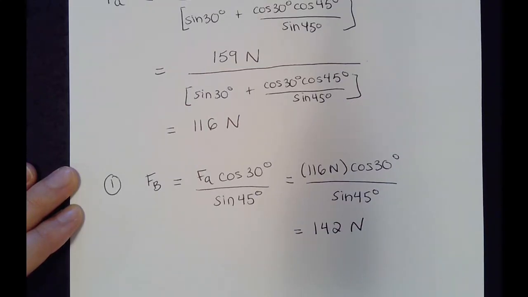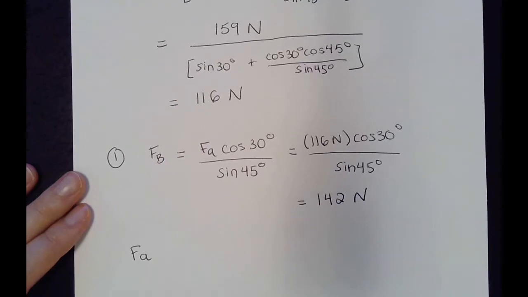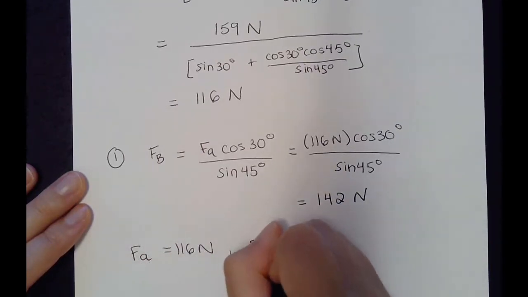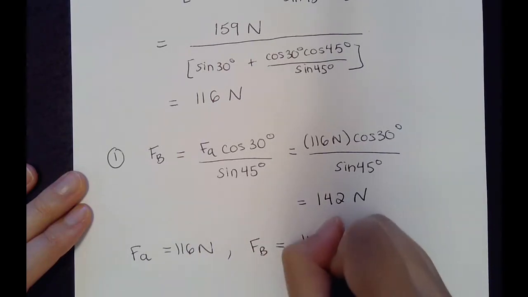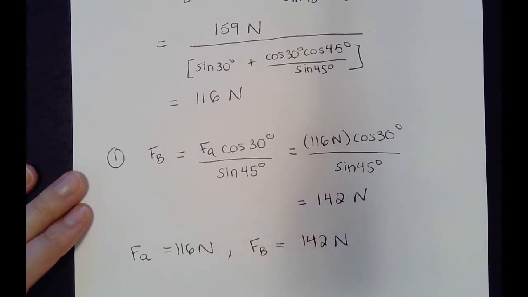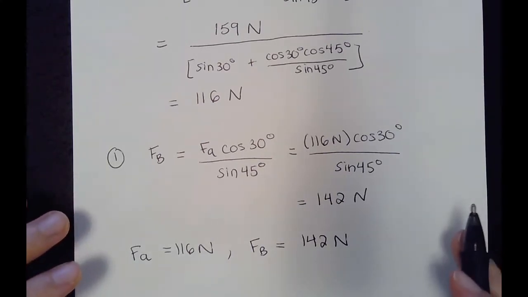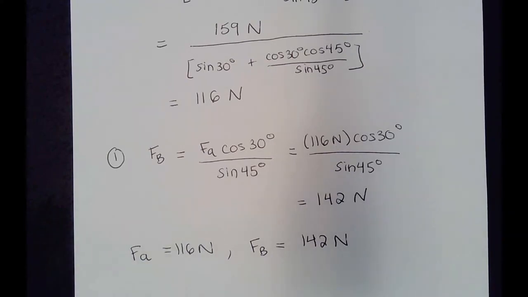So these are our two answers. We have the force from dog A is 116 newtons on the ball, and the force from dog B is 142 newtons. And this is probably one of the most challenging Newton's first law problems, so take a second to look through that and then let me know if you have any questions.